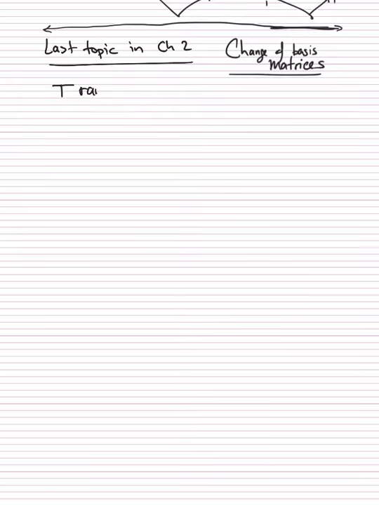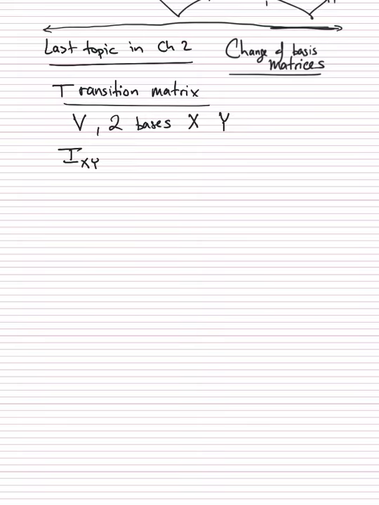We have a transition matrix. We have a vector space V and two bases, which I'll call X and Y. And then you get a transition matrix, which I'll call IXY.